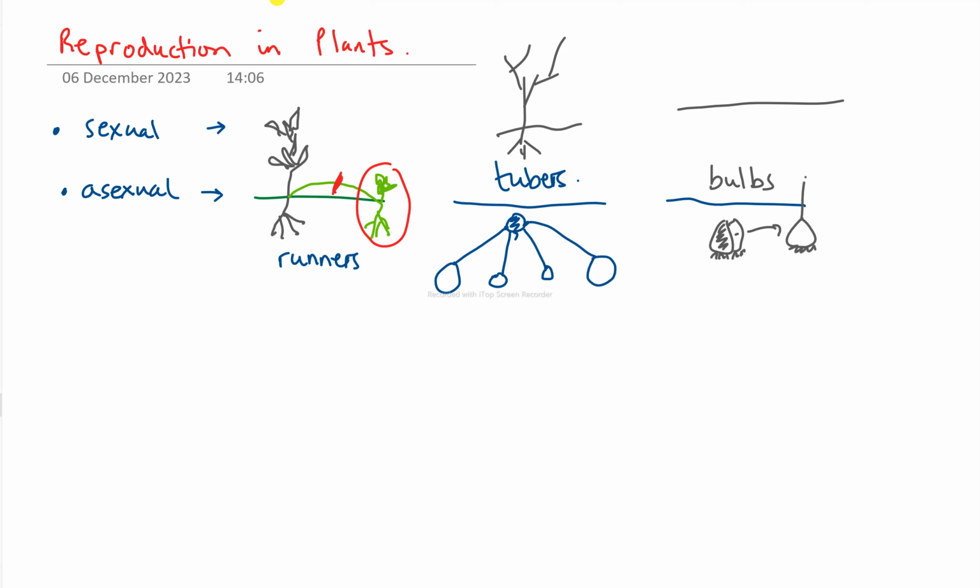What you do is you take a cutting, and if you plant it and encourage it to grow in certain mediums, that cutting will start growing roots and itself will become a separate plant. So these are made from cuttings.